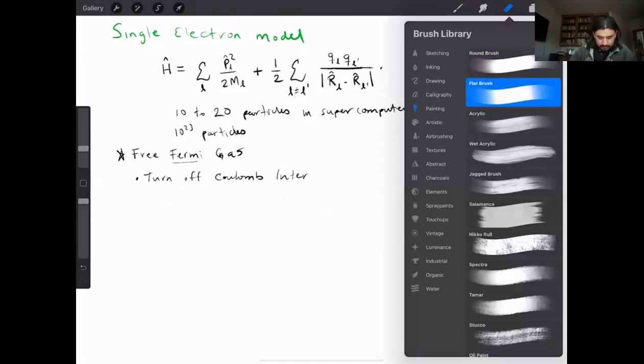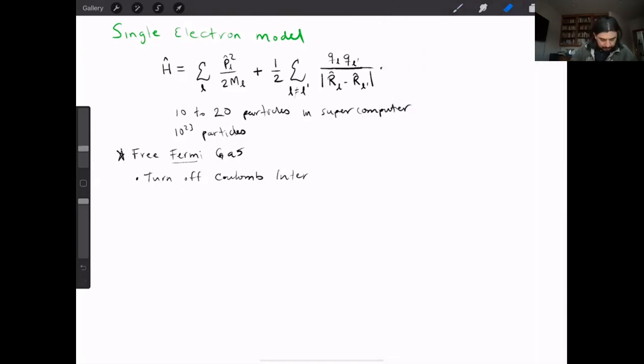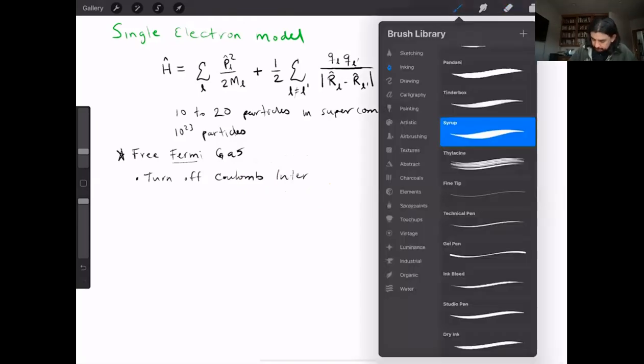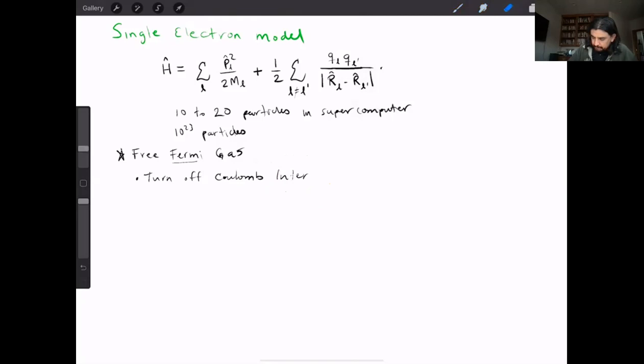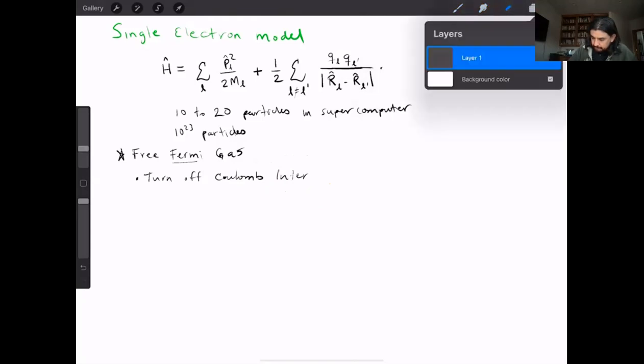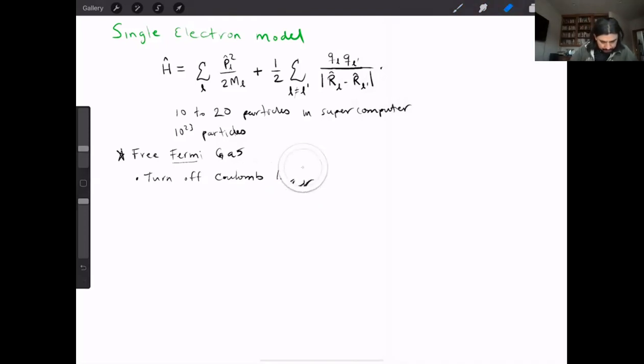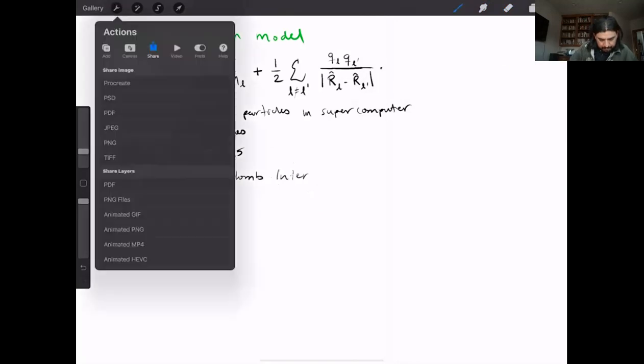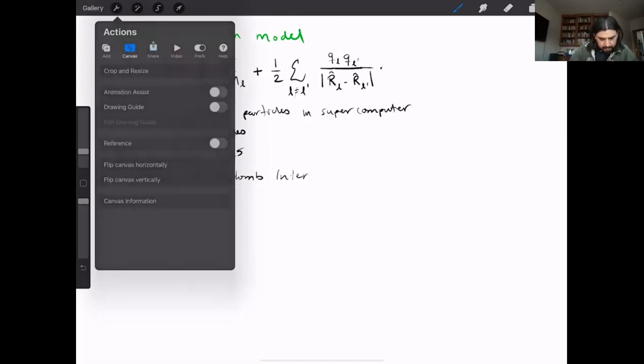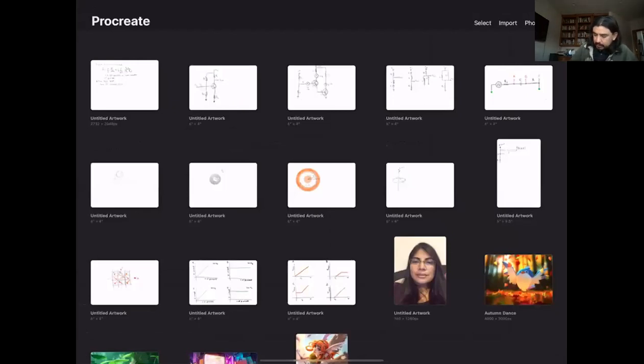I thought I knew how to use this. All right, it doesn't matter. Let's do it again.